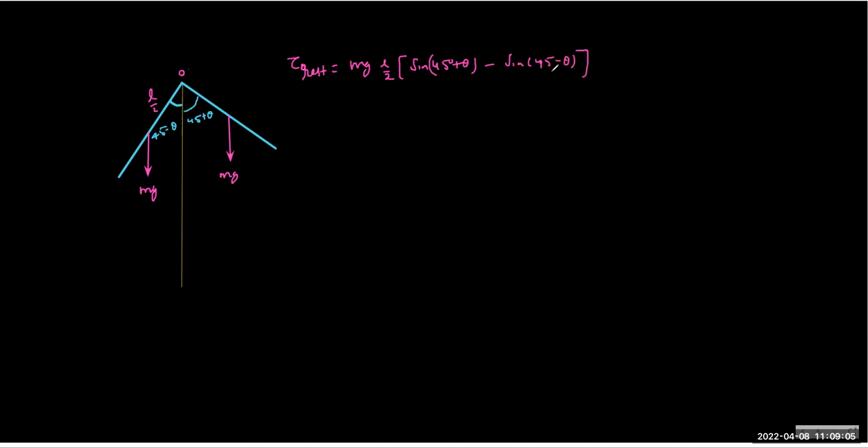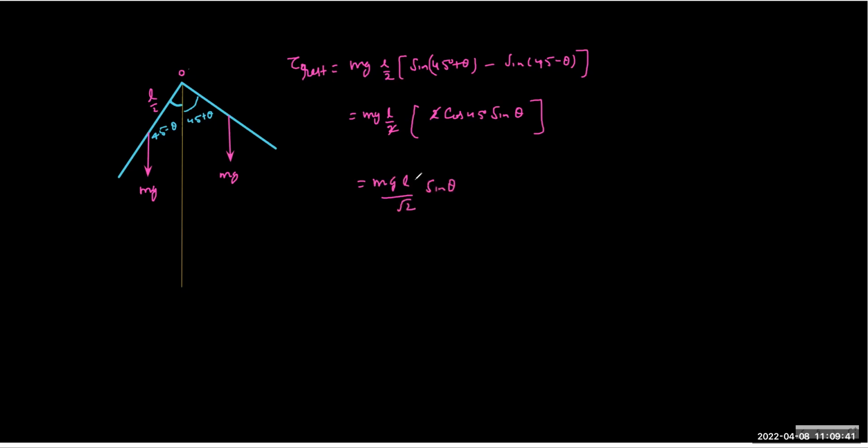So you can use sine C minus sine D, or you can expand and solve the way you want. Sine C minus sine D is 2 cos of C plus D by 2, which is 45, times sine of C minus D by 2, which is theta, right? Yes, sir. So this will cancel out. We are left with mgL by root 2.